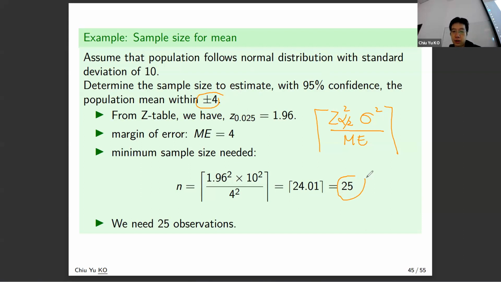And what happens if I want ME equal to 2? If I want to halve my ME, look at the denominator, it is squared. So actually I need 4 times as much data. I need 100. Can you see that?